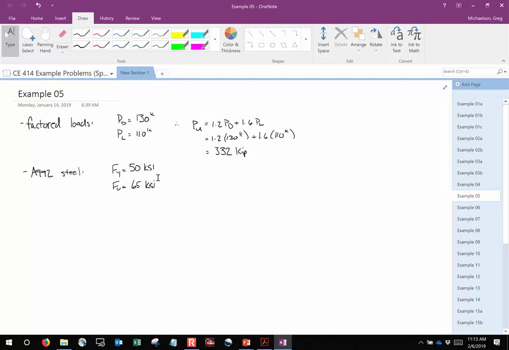So in this problem, I told you to assume A992 steel, but what if I didn't tell you that? What would be the value that makes sense? The preferred material spec for that shape, because that's generally what the mills are rolling. So if I don't give you that value, go with the preferred one. Make sense? Now, everybody good?